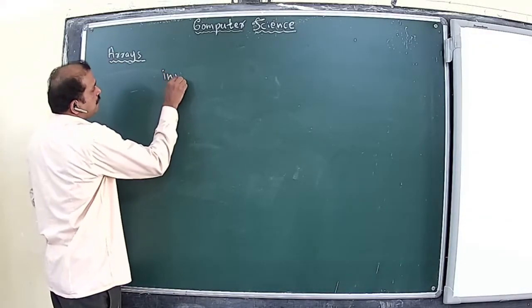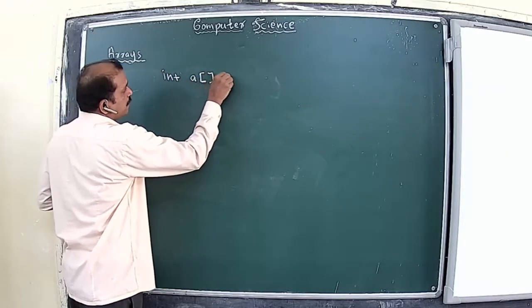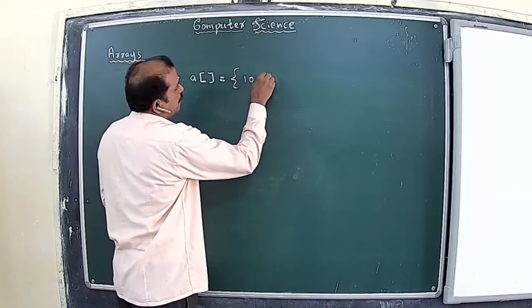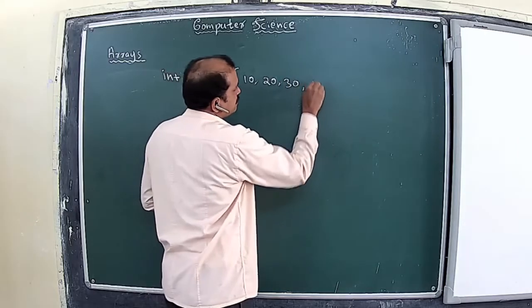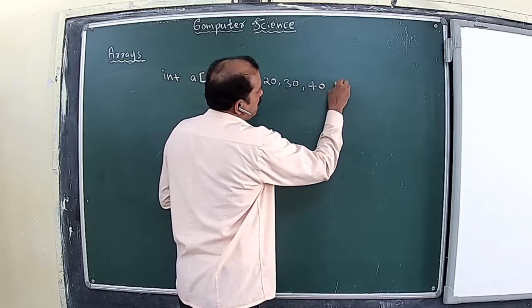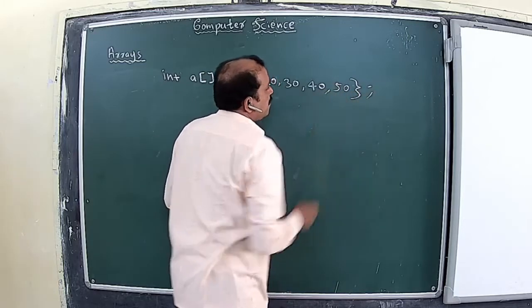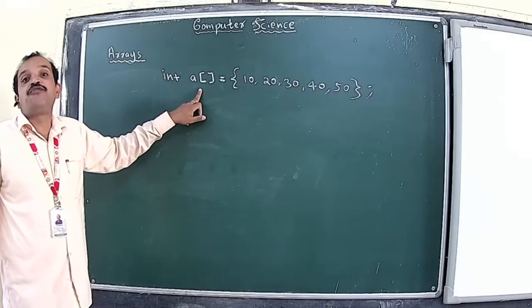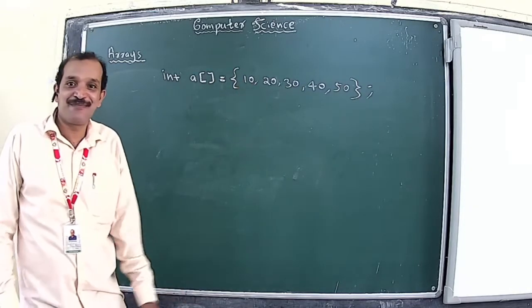Suppose this is going to be our array A equal to 10, 20, 30, 40, and 50. Let's say, see, this becomes an array of 5 elements, and the values are already initialized.